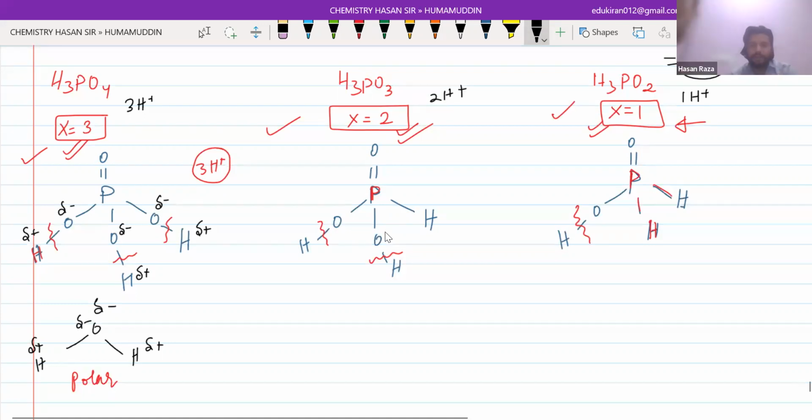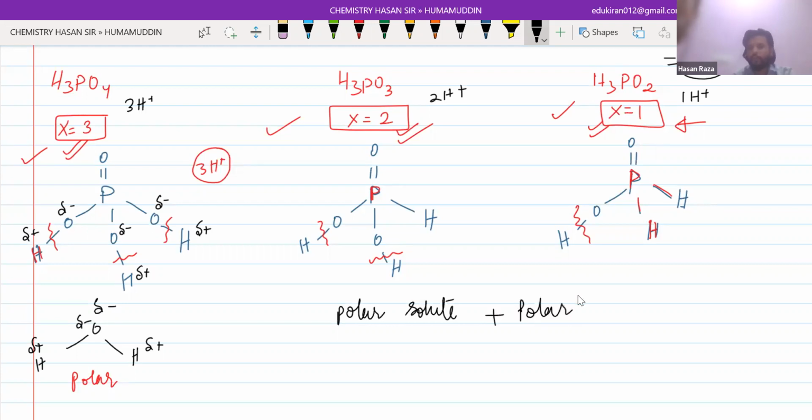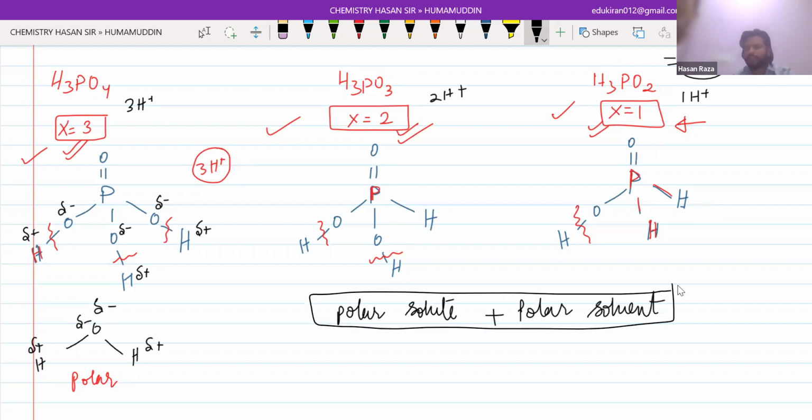Okay, see. Polar solute. You know that solute dissolves in solvent. So polar solute plus polar solvent. If you have solvent that is water and a solute you are going to take which is polar like this, it will be soluble. So what I told you here, I just proved that this OH bond is very polar. This OH bond is quite polar. So all the three H plus will be released, and you get X is equal to 3.